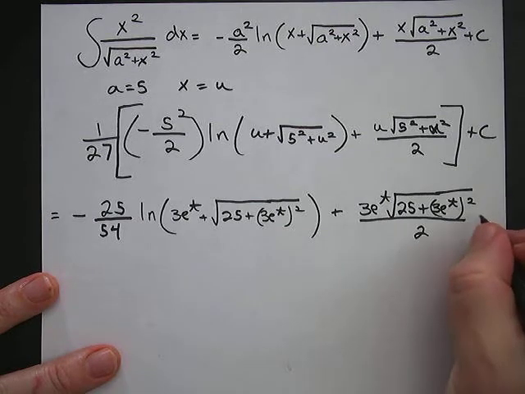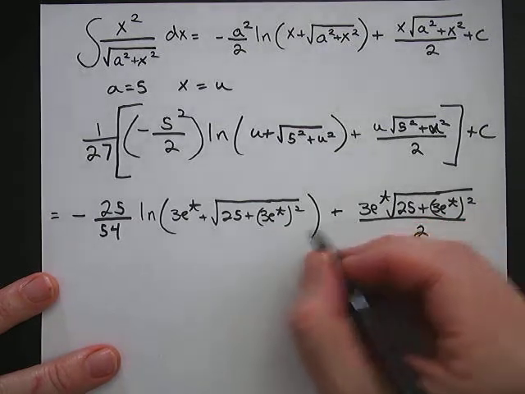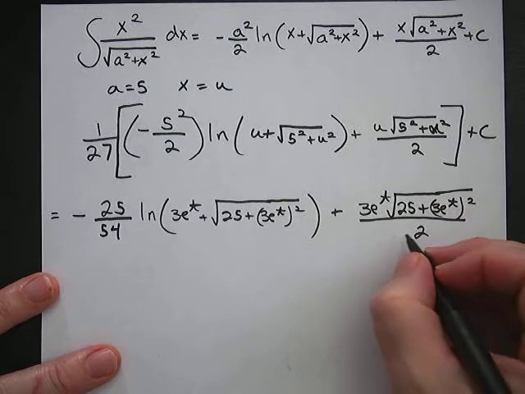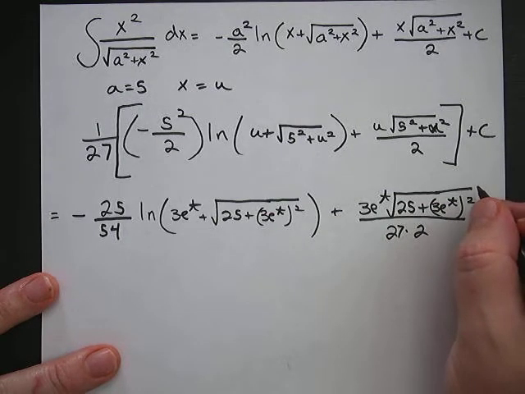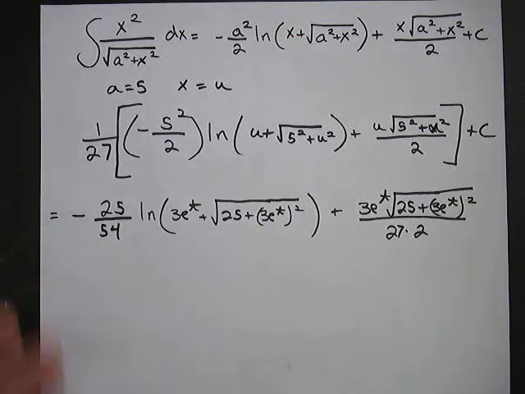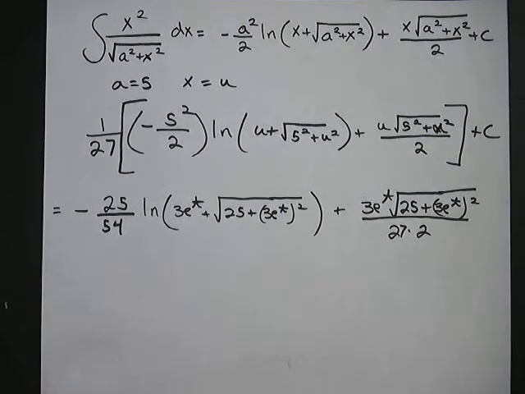Okay, plus c. Oh, and don't forget the 1 over 27. So the 27 goes down here. So 27 times 2. Okay, and that is it. You can clean that up a little more on your own, but that is your answer.